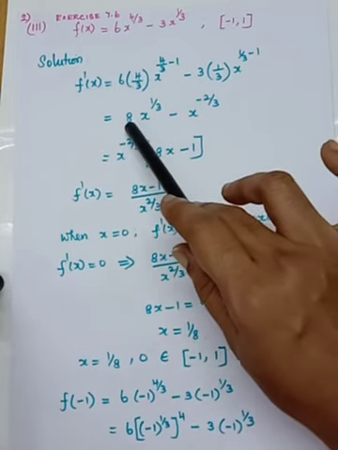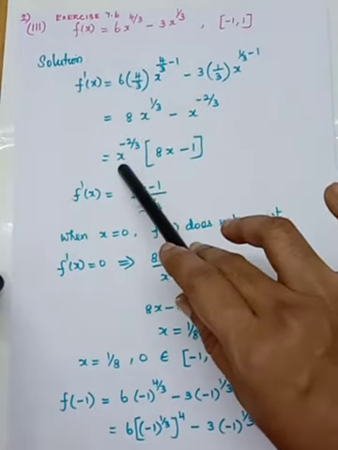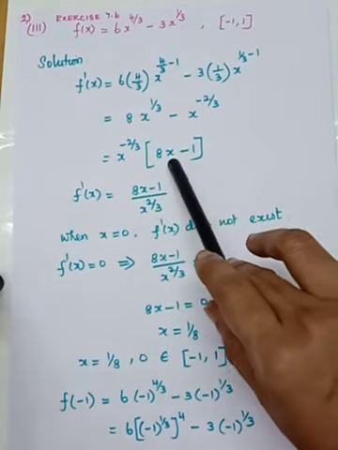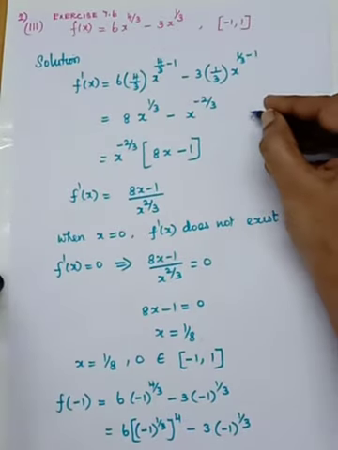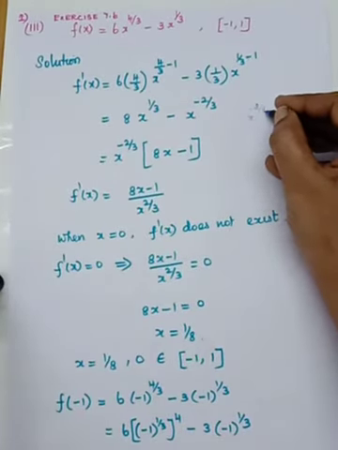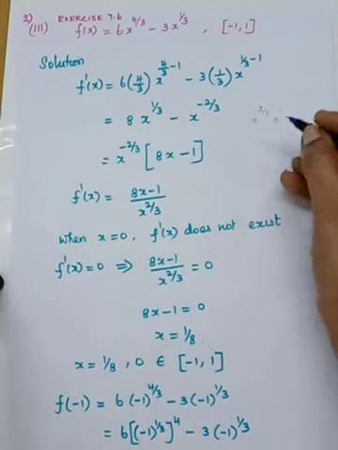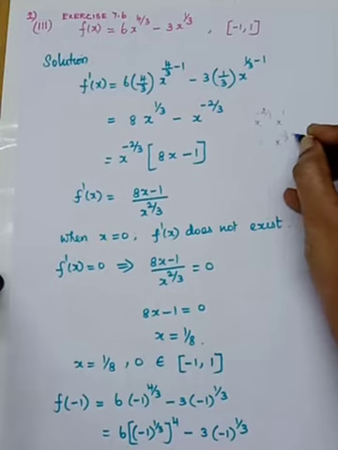Okay. So, here what is remaining? From the 8, if you have taken x power minus 2 by 3 out, the remaining is x. Just multiply these two. What is it? X power minus 2 by 3 into x power 1. If you simplify, what will you get? X power minus 2 by 3 plus 1.